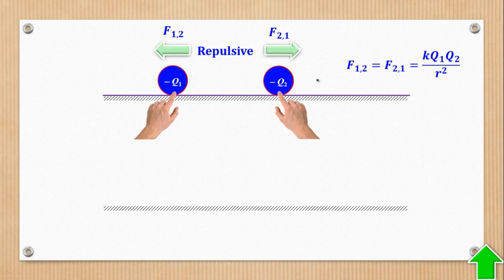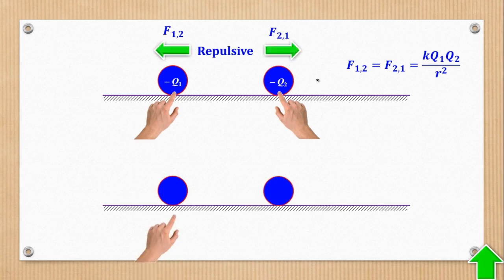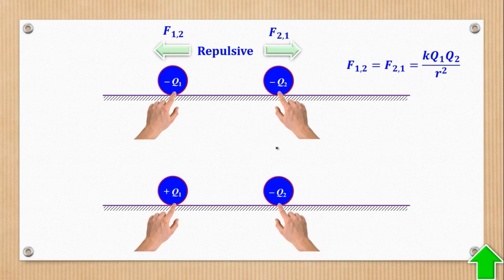Now what if the charges were of opposite signs? We have two metal spheres, we fix them and we give one a positive charge and the other a negative charge. In that case there will be attraction, so the direction changes. For repulsion, one was going this side, another on this side, but for attraction they are pulled towards each other.